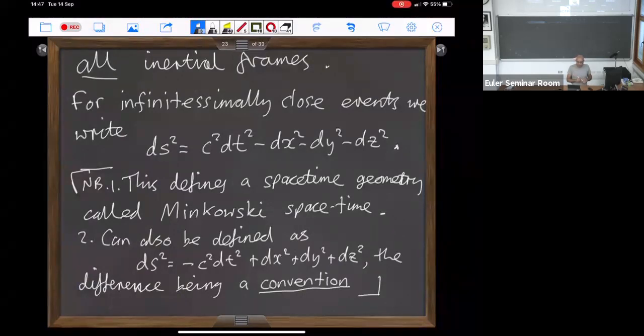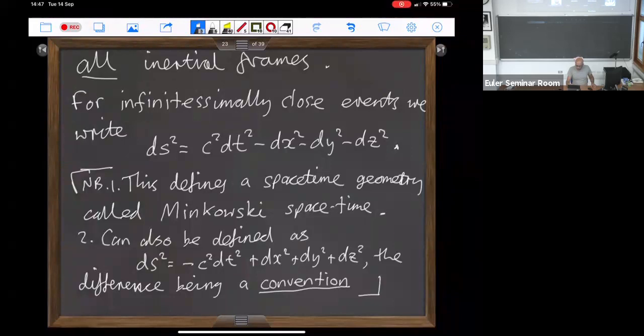I'm going to stick with the convention in Landau and Lifshitz, which is the one with mostly minus signs. I could have chosen the other, mostly plus sign convention. I just want to emphasize that the difference between these two choices of sign has no physical consequences whatsoever.